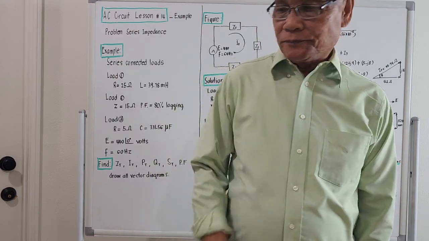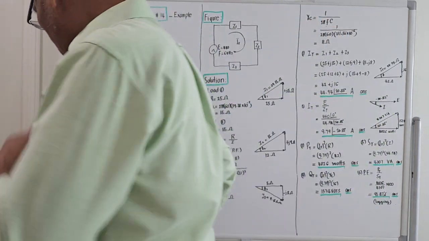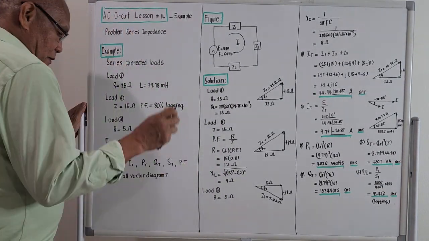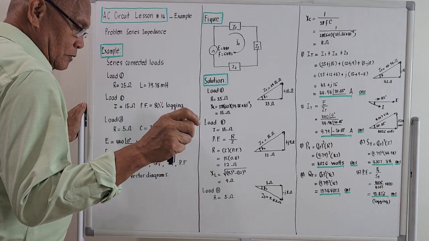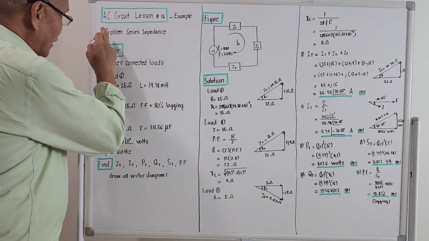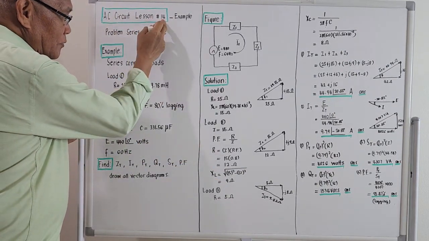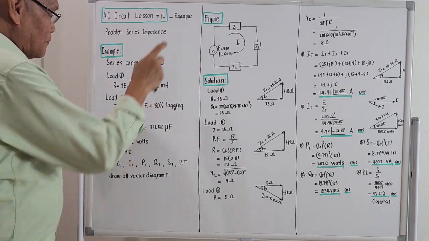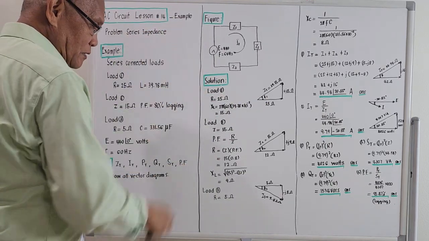Okay, let's proceed. This is a long video format topic. This is alternating current circuit, lesson number 14, and the title of the topic is example problem on series impedance.